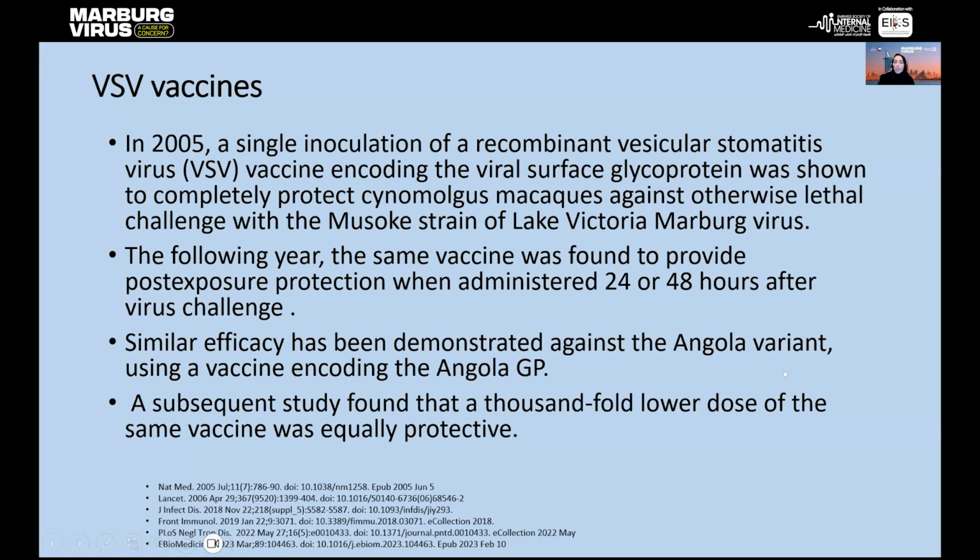The following year, the same vaccine was found to provide post-exposure protection when administered 24 to 48 hours after the virus challenge. Similar efficacy has been demonstrated against the Angola variant using a vaccine encoding the Angola glycoprotein. A subsequent study found that a 1,000-fold lower dose of the same vaccine was equally protective.